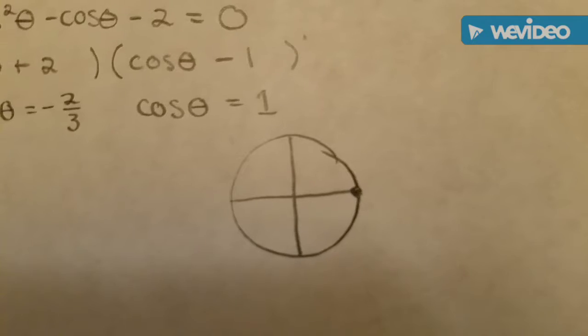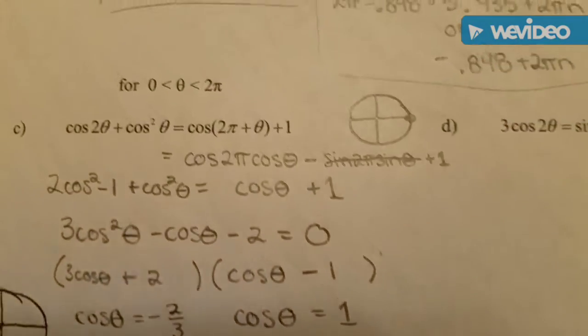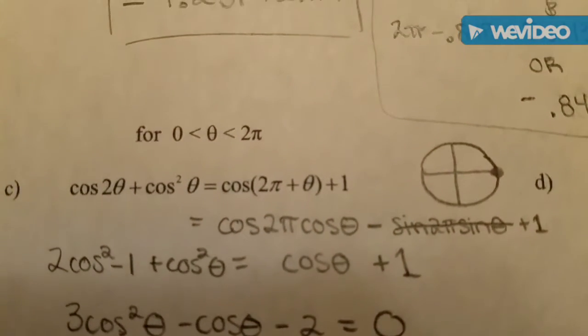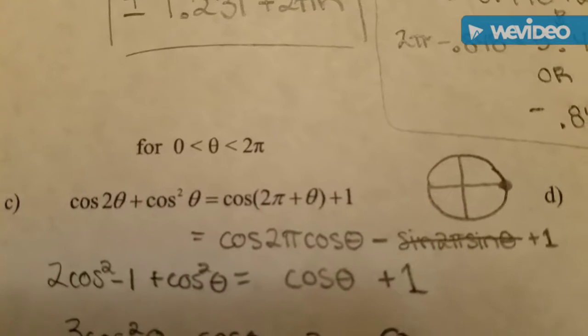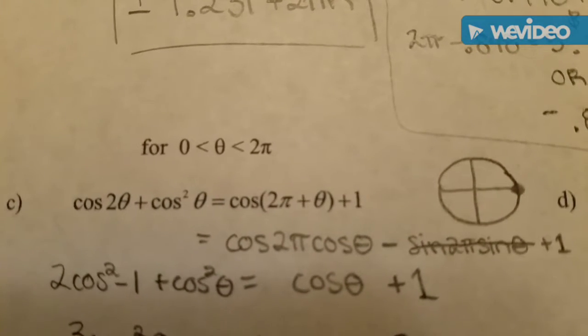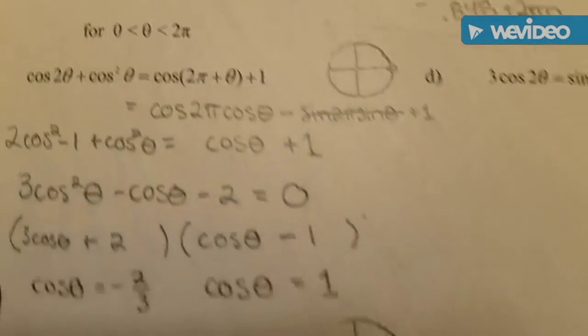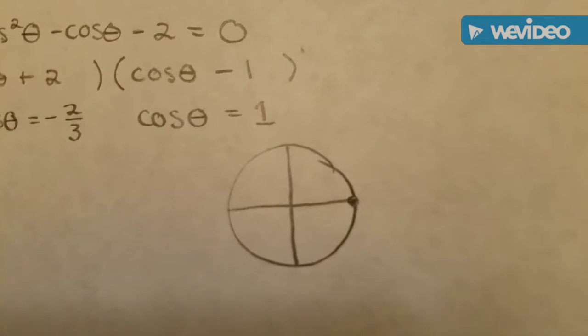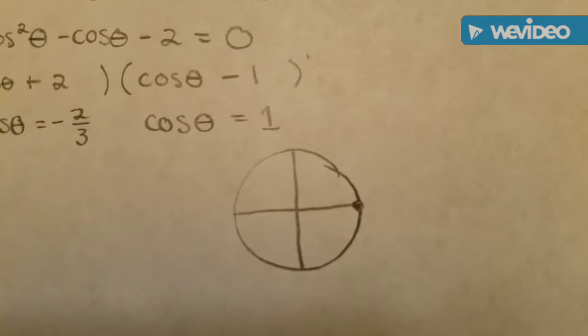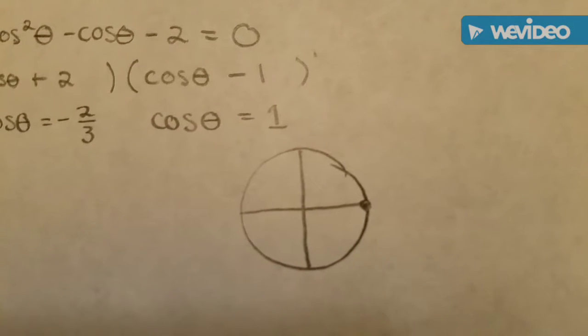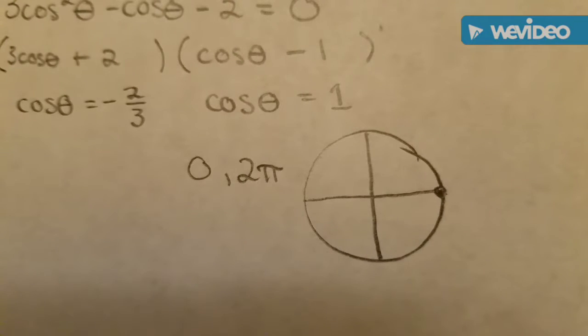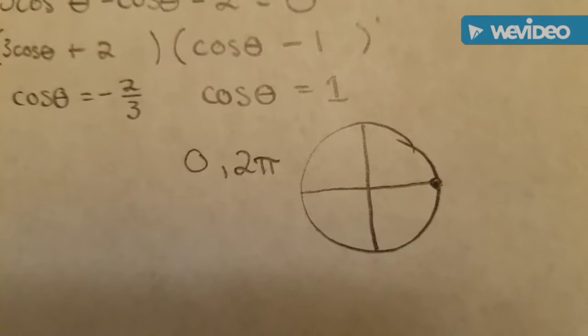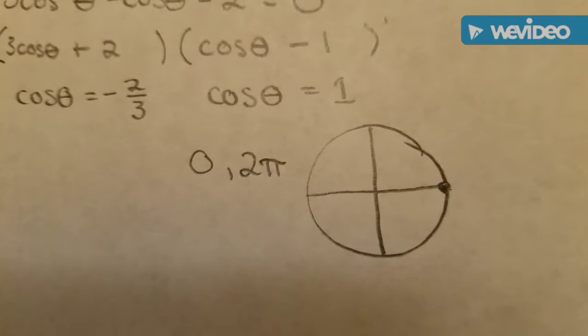But wait, in this problem, we have a domain restriction. And our domain restriction is 0 is less than theta, which is less than 2 pi. So this cannot be our answer since it excludes both the values that cosine theta equals 1 gives us. So our answers would have been 0 and 2 pi, but we're going to cross these out because of the domain restriction.